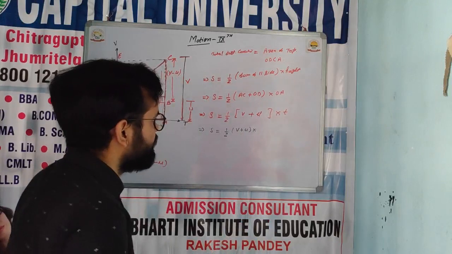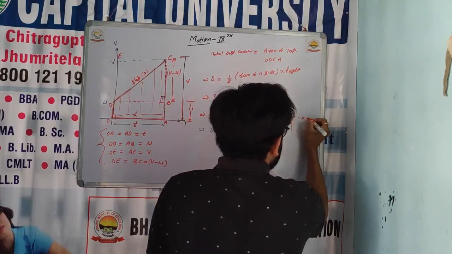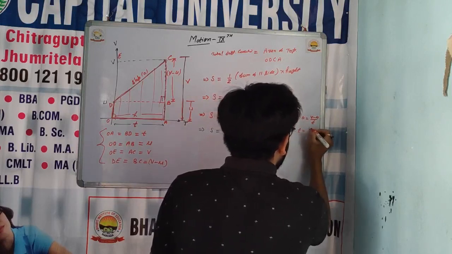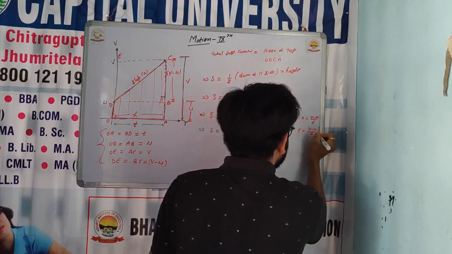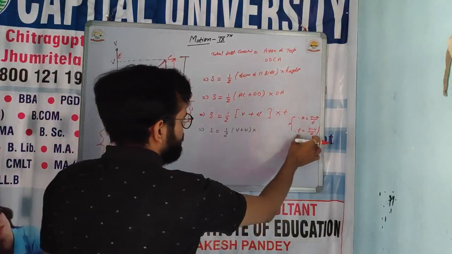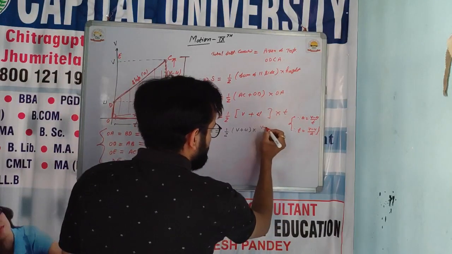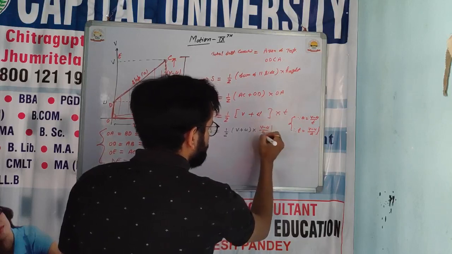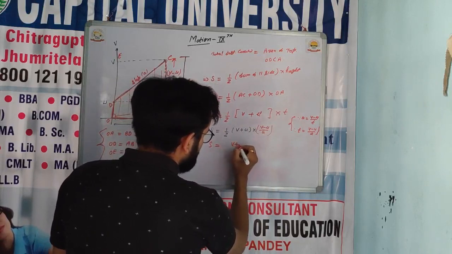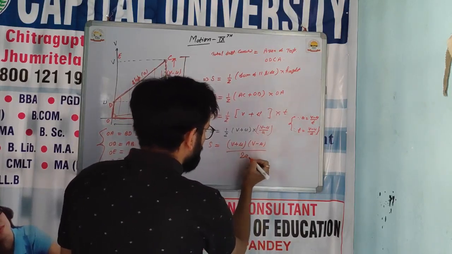Now again, we can put the value of T, since A equal to V minus U by T. Therefore T equal to V minus U by A. Clear? Now by using this first equation of motion, we put the value of T, which is V minus U by A. Now multiplying, V plus U into V minus U by 2A.